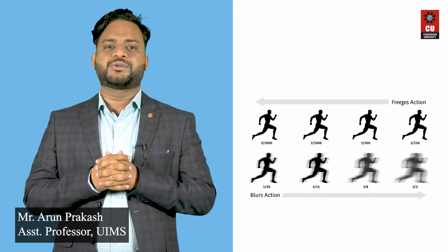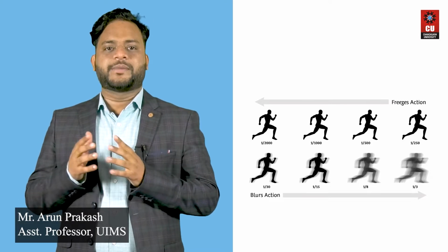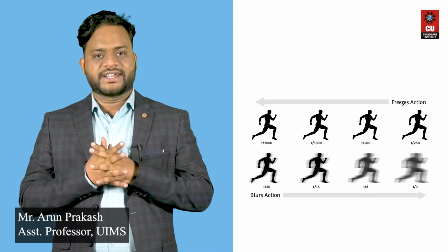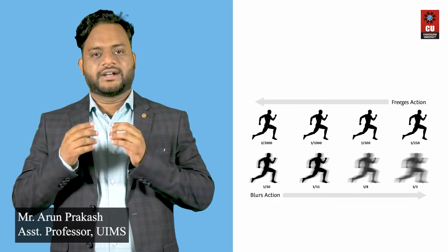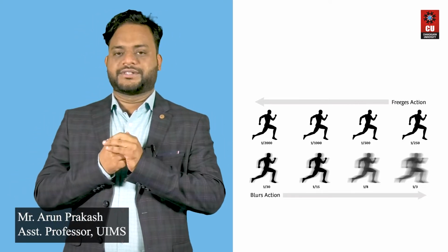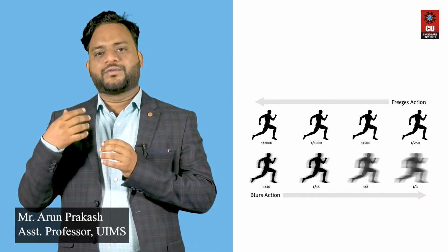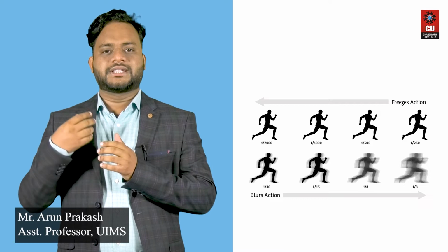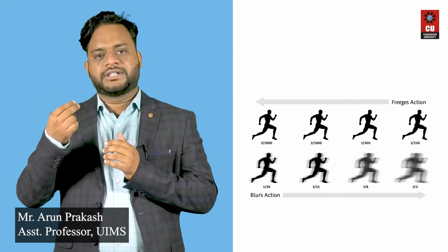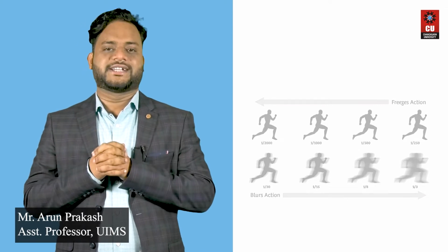Now we will see how shutter speed is measured. Shutter speeds are typically measured in fractions of seconds when they are under a second. For example, 1/4 means a quarter of a second, while 1/250 means 1/250th of a second, which is 4 milliseconds.